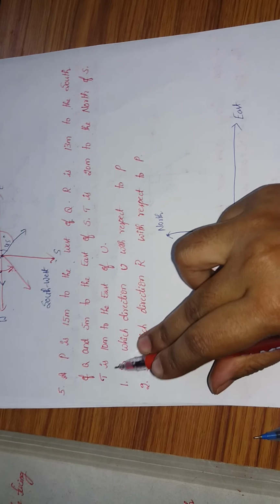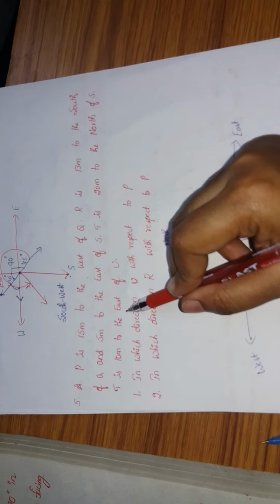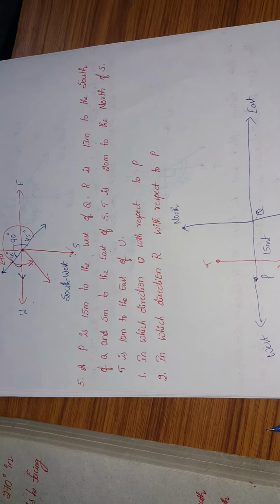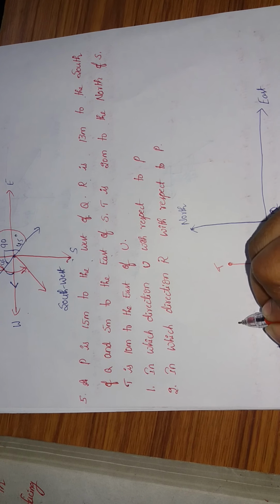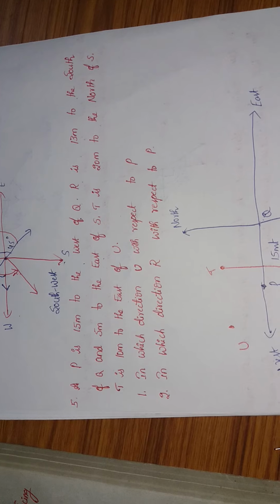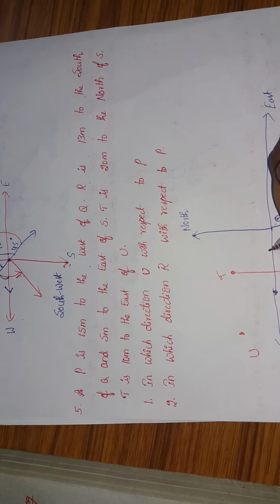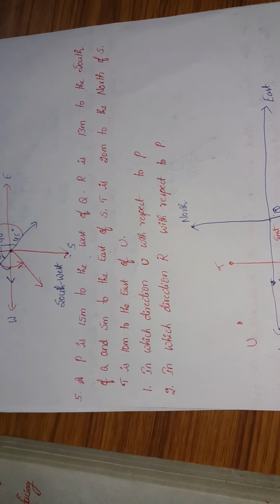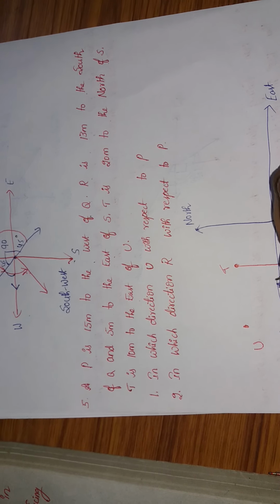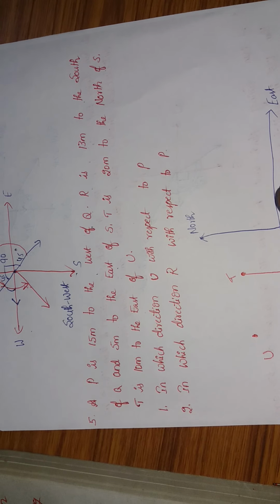And T is 10 meters to the east of U. From U, T is in this direction; 5 meters is covered, and the remaining is 10 meters.